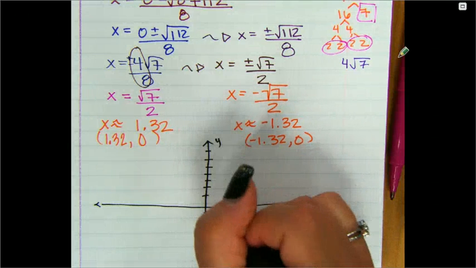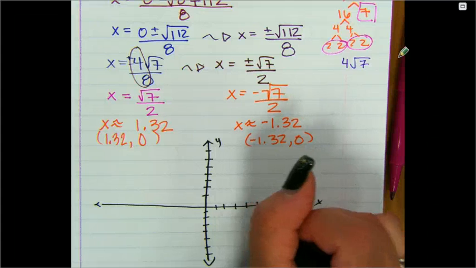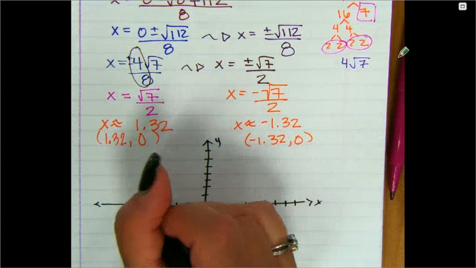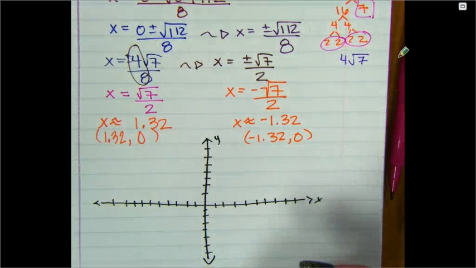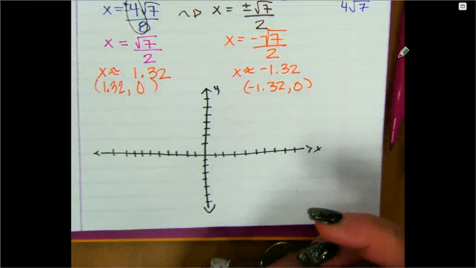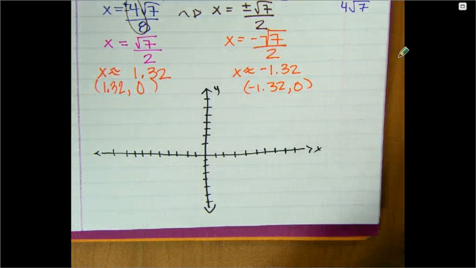It's skinny. How do I know? Because the A is 4. It's a whole number. Is it going up or down? Up. Why? All of this is review. The only thing new, and it's not really new, is using the quadratic formula.